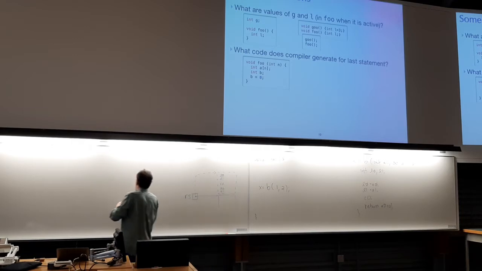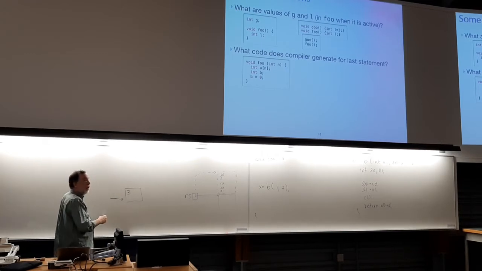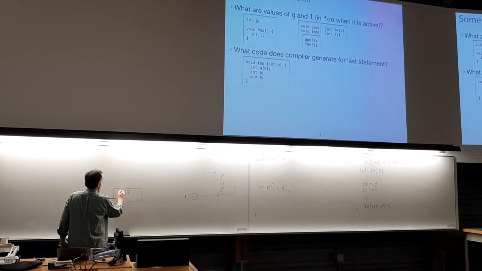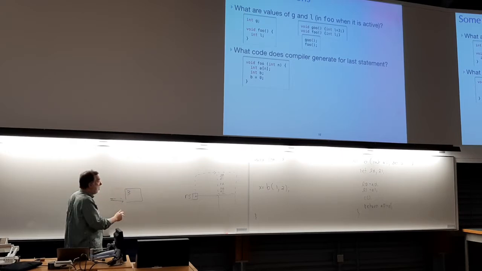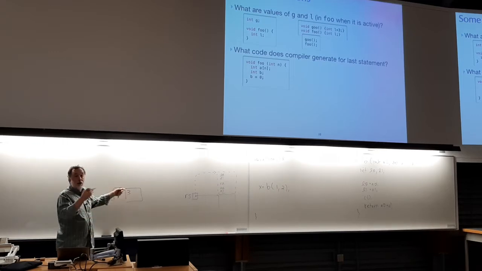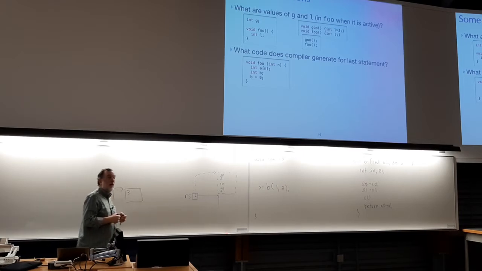So what happened here was that R5 pointed here, there was a call to goo, it put a 3 at offset 0, and then it returned, and that's still there. It's in the free part of the stack now, but the number's still there. And then you call foo, and it doesn't initialize L. The 3 is still there, so if you printed out the value, all you see is 3. Does that make sense? Questions about that?